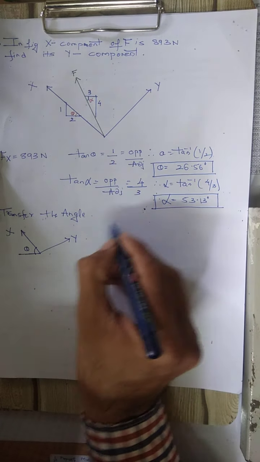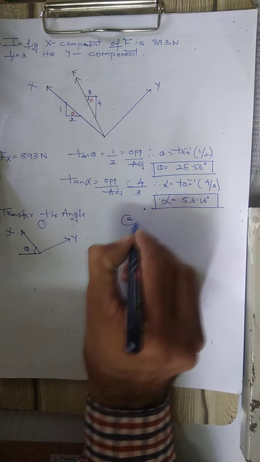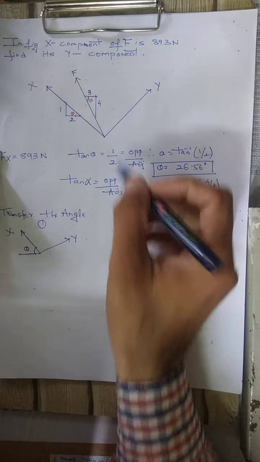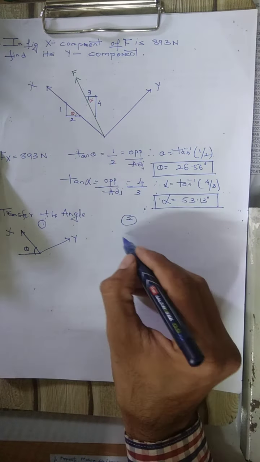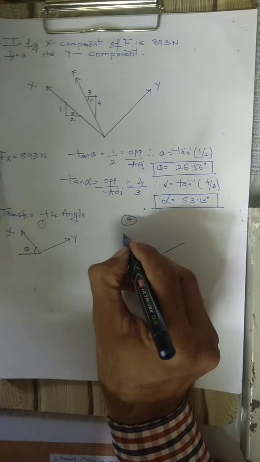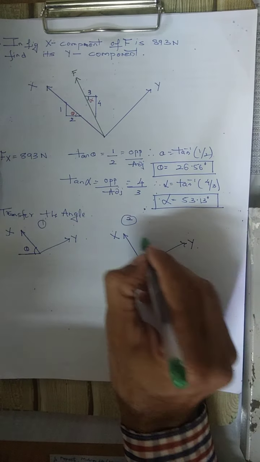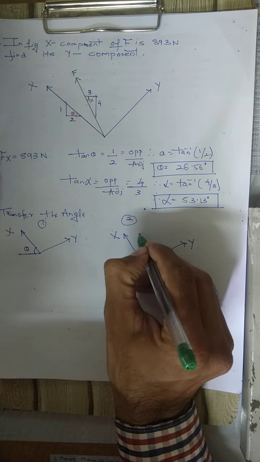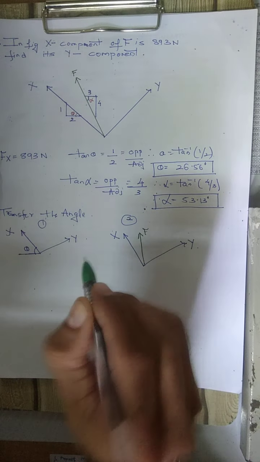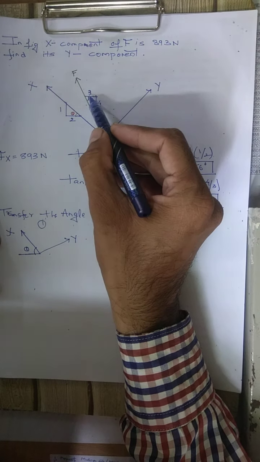Next is the second angle. This was the first angle and this is the second angle. Again the plane is there, the x and y axis are there, and here again the same force is there. We are transferring this force, which is making an angle of alpha with the horizontal.